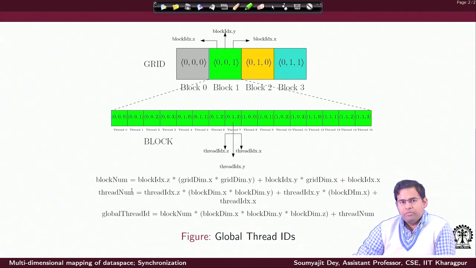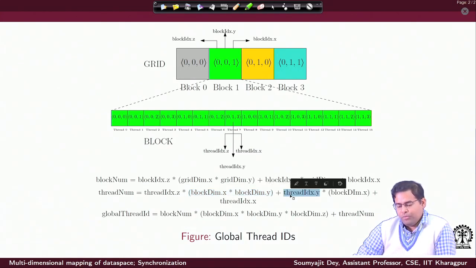with respect to this entire arrangement? So, the thread number would be given by the z index of the thread multiplied by the dimension of the block in the x and y axis, because when I am talking about the z index of the thread, then I have exhausted the previous blocks, this block dimension x times block dimension y number of blocks, right, times this thread ID z.